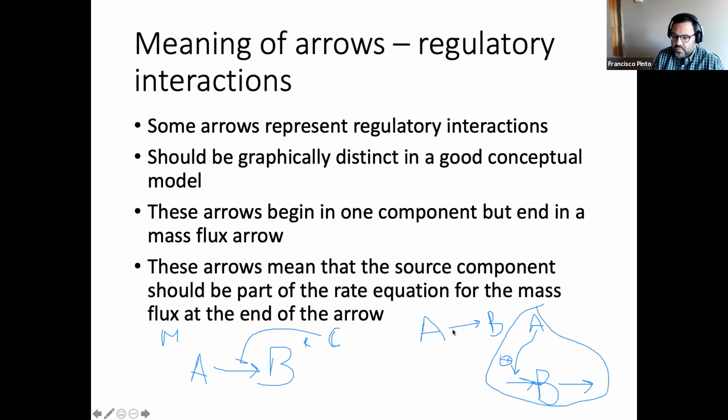So you have to be careful to know if the arrows that you are looking at in your conceptual diagram are mass flux arrows, or are regulatory interactions.